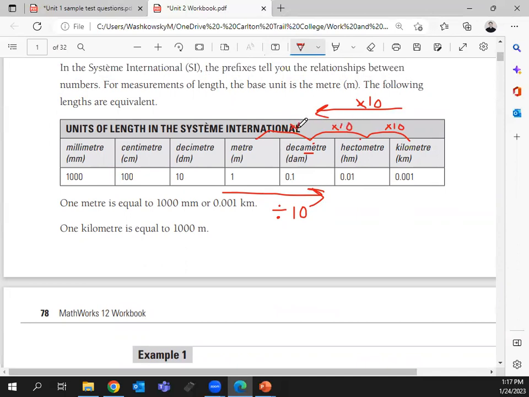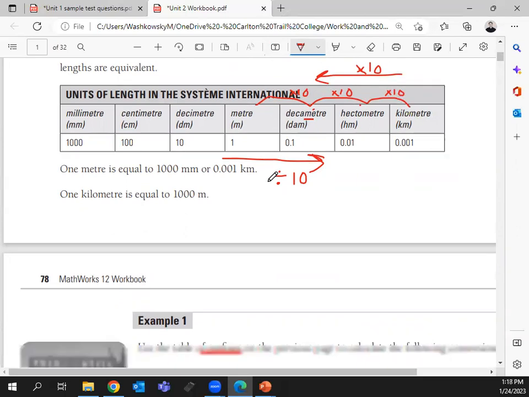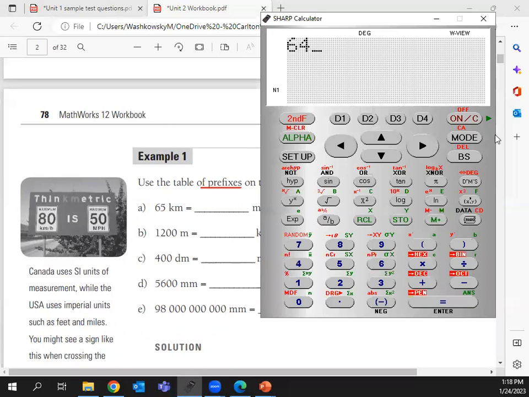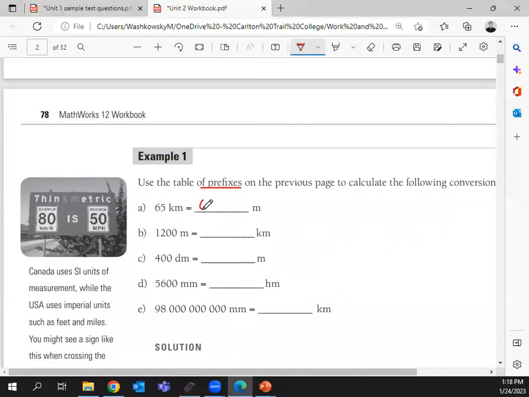Kilometers to meters is times 10, times 10, times 10. So it's going to be 65 times 10, times 10, times 10, or you could multiply by 1,000. That works too. You get 65,000 meters. So that's an example of how you can use that chart.